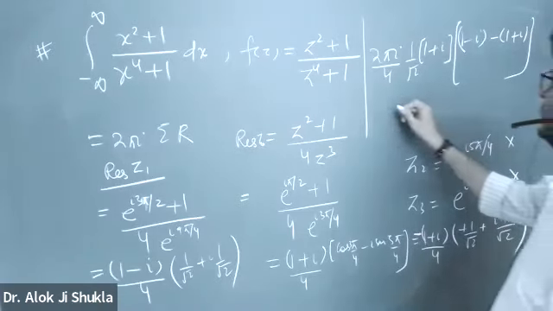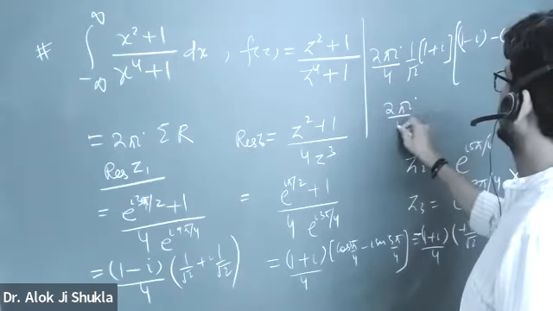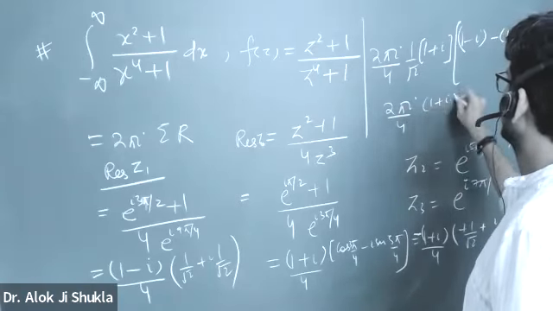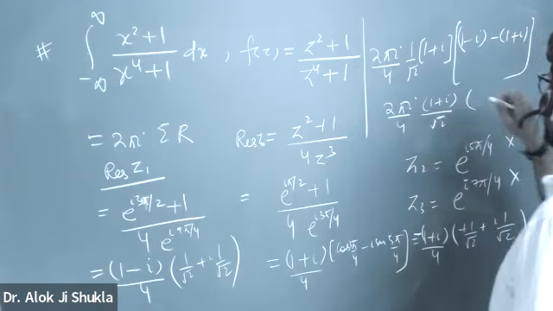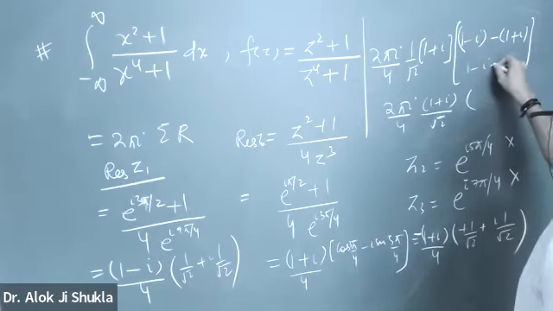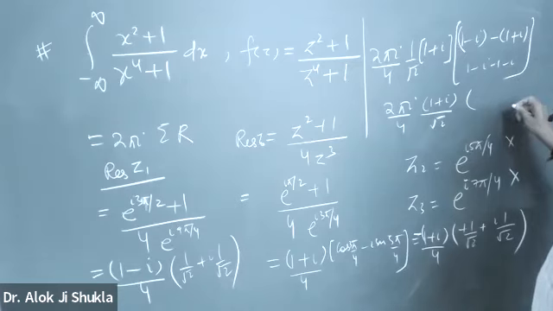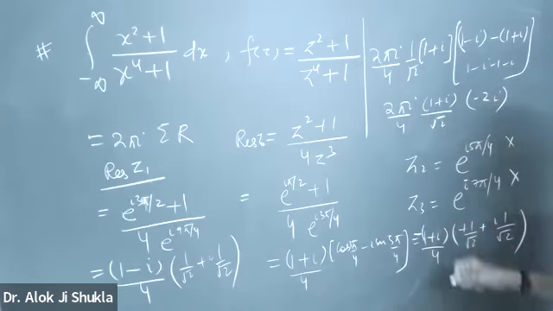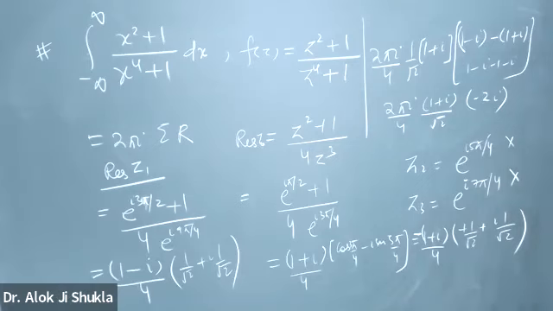So it will be 2 pi I by 4, (1 plus I) by root 2, and into what I will get here: 1 minus I minus 1 minus I, minus 2I. Yes, sir. So pi by root 2 (1 plus iota).